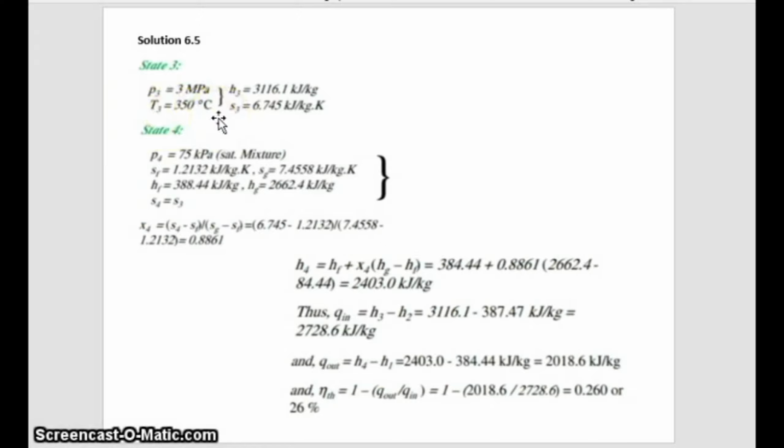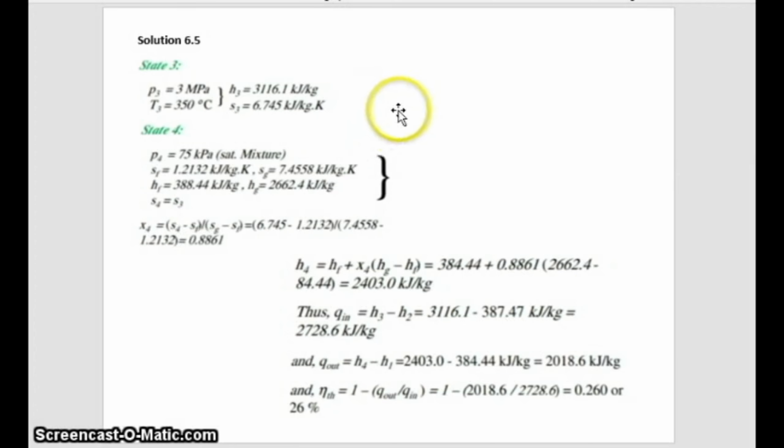From here, you look at these two properties in the properties table, and from there you will get h3 equal to 3116.1 kilojoule per kg, and at that position in the properties table at P3 and T3, you also get s3 equal to 6.745 kilojoule per kilogram Kelvin.